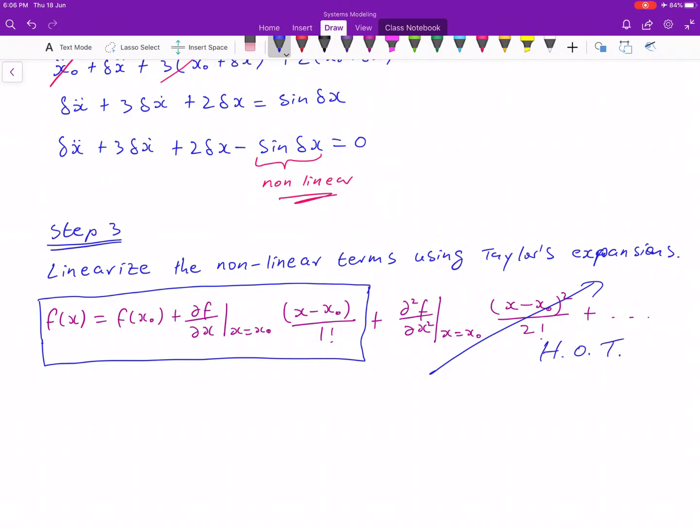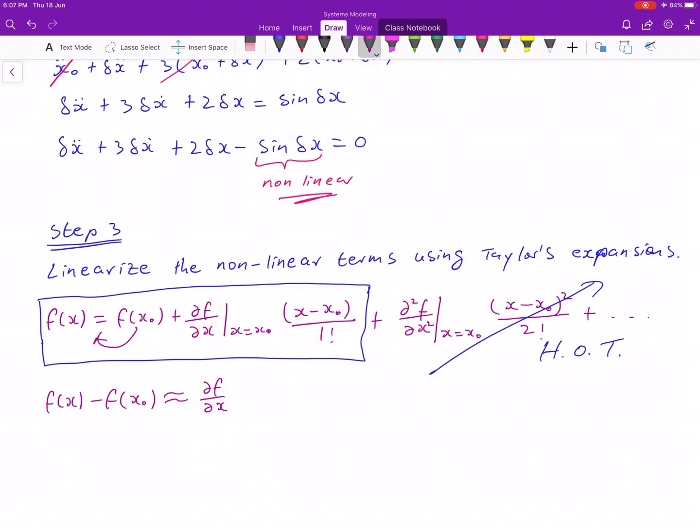So I'm going to rewrite this equation, then we are going to use it to linearize our nonlinear part. I can bring this one to this side, so f(x) minus f(x naught) is approximately this.